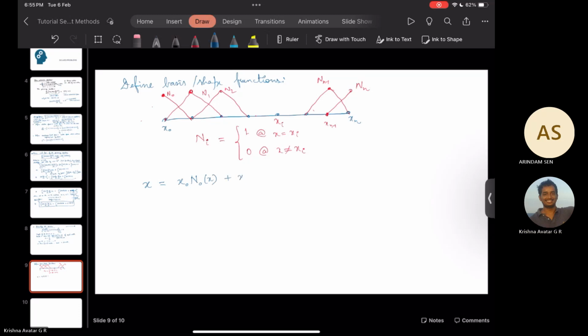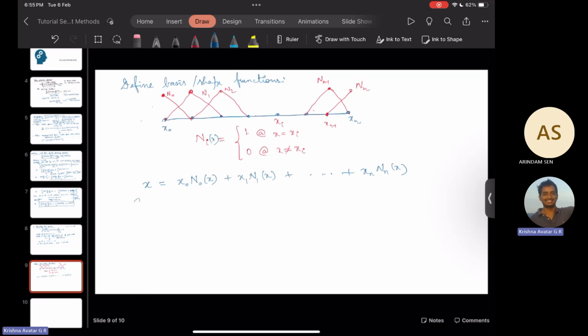Likewise, x1 N1 of x plus xn Nn of x. Now you'll see, okay, but why are we doing this?